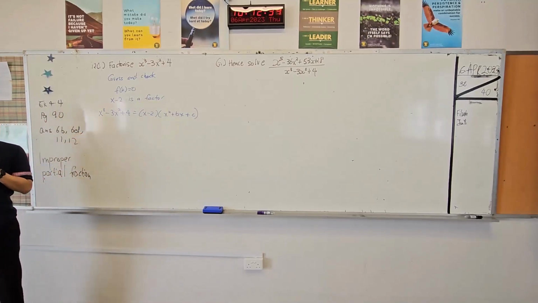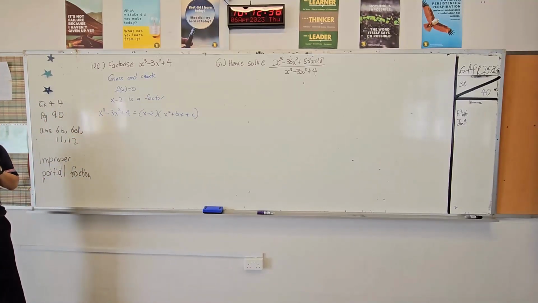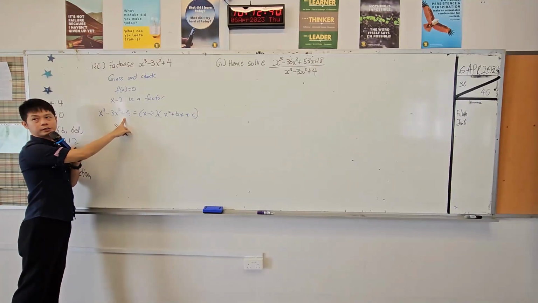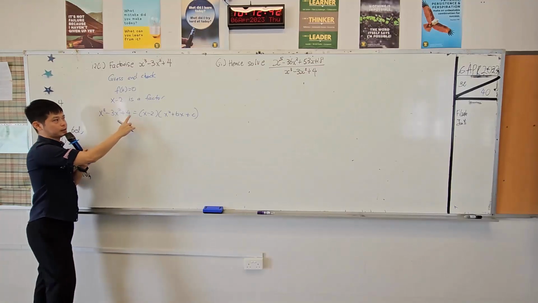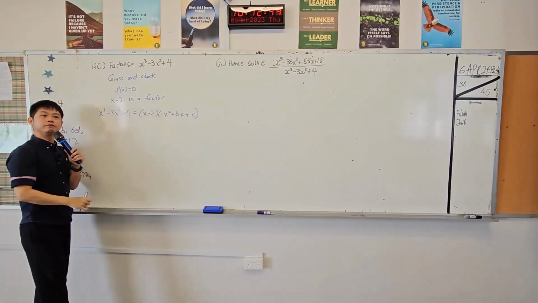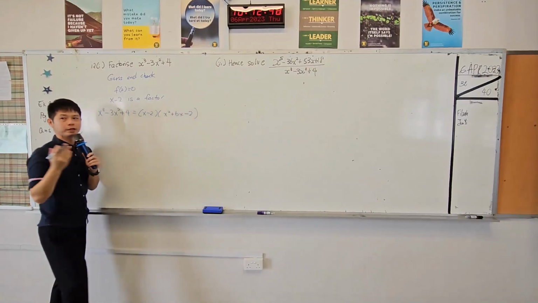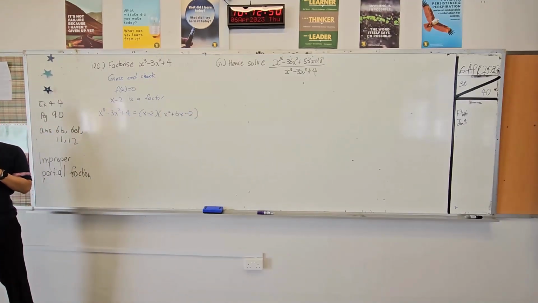I also know the value of c. What do you think is the value of c? What times negative 2 will give you positive 4? Negative 2. So what do I need to do? Only find the value of b. How do I find the value of b?